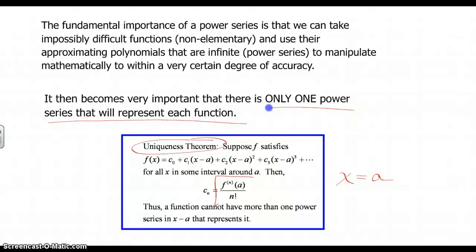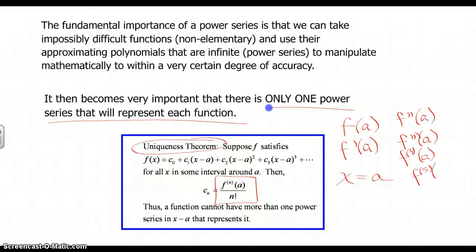And this should make it clear why we know that that power series is going to be unique, because from the output of the function to how many ever derivatives we want to take, we are guaranteed that the polynomial that we're building, the power series, is based on having the same attributes for those coefficients that the function does.